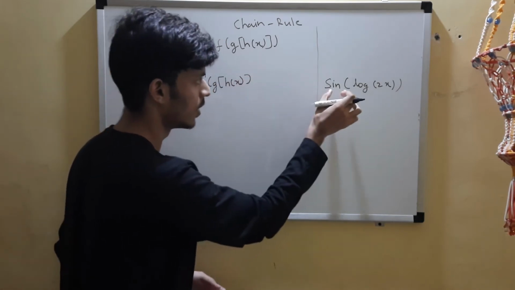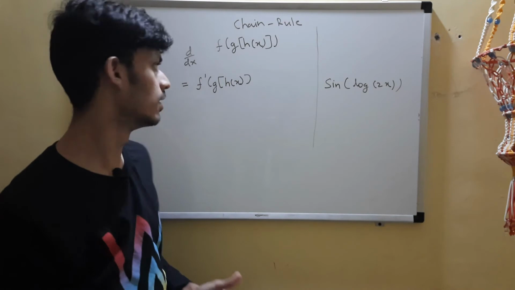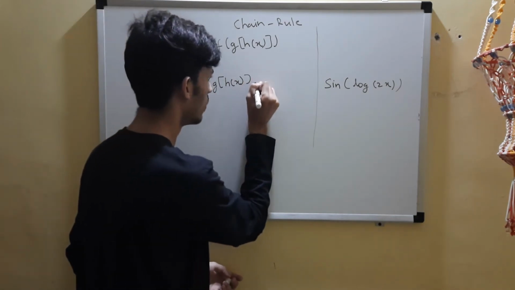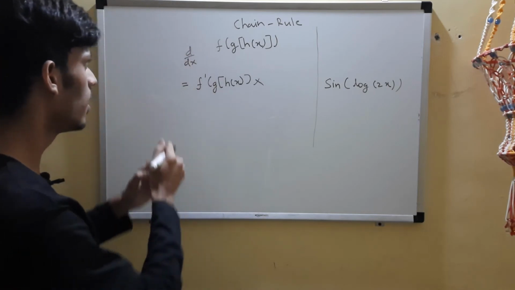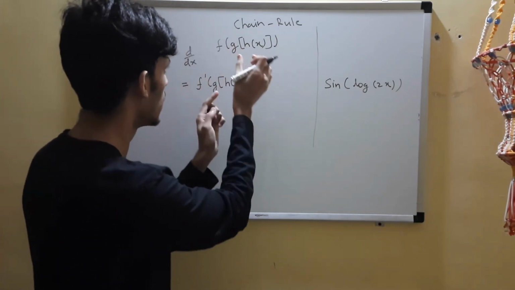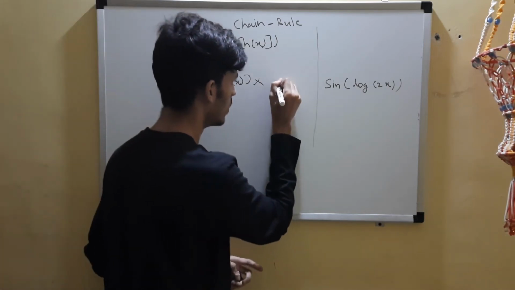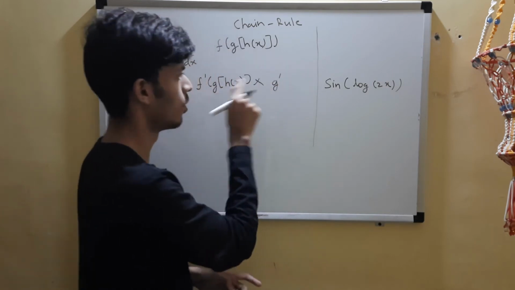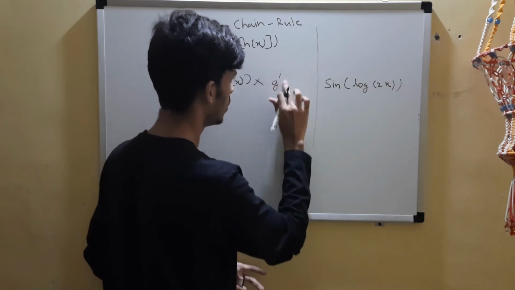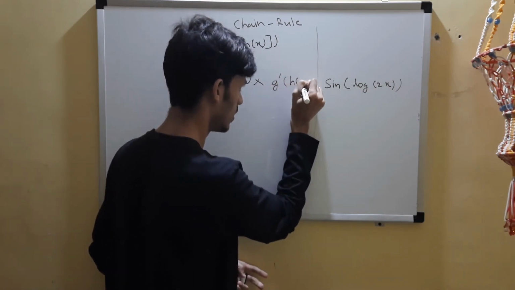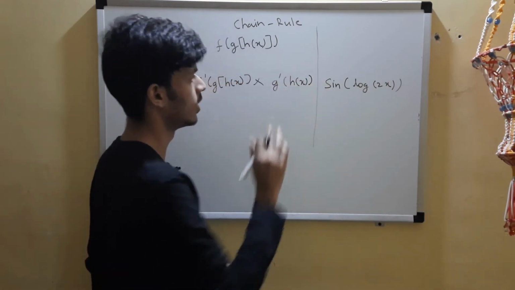First you have to differentiate sine and keep other things the same. Then multiply. This dot means multiply. Now go inside, differentiate the second thing, g dash of, I hope you know that dash is differentiating. So g, and keep other things the same.